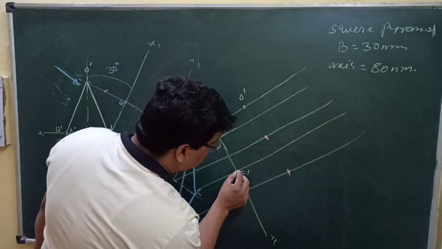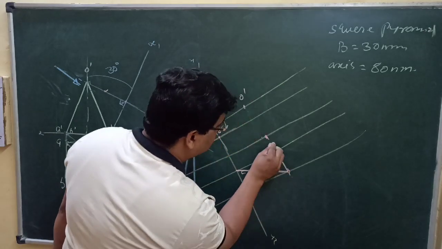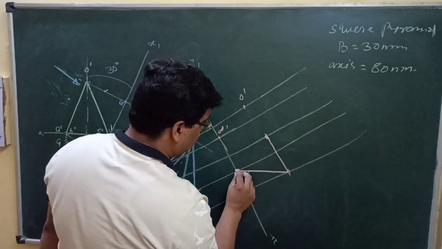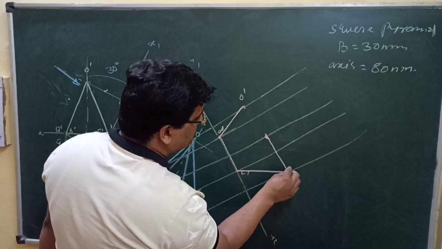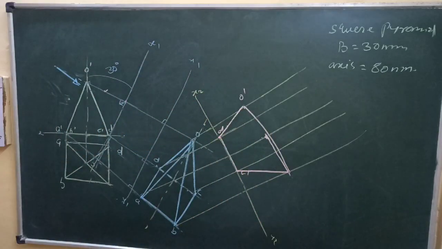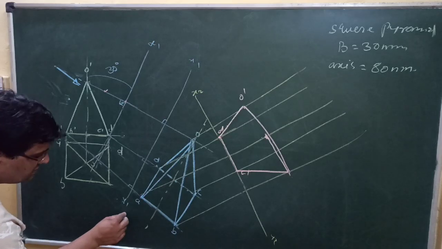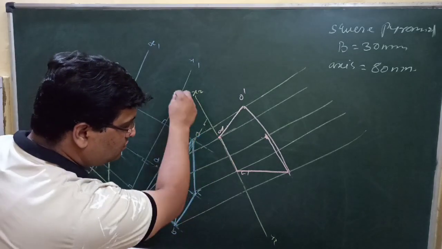Now we can join the outlines like this. Now we are looking from this direction, that is the perpendicular direction to x2 y2.